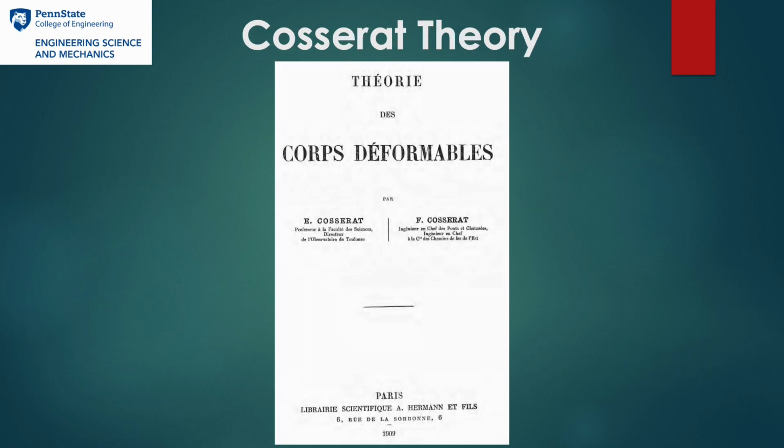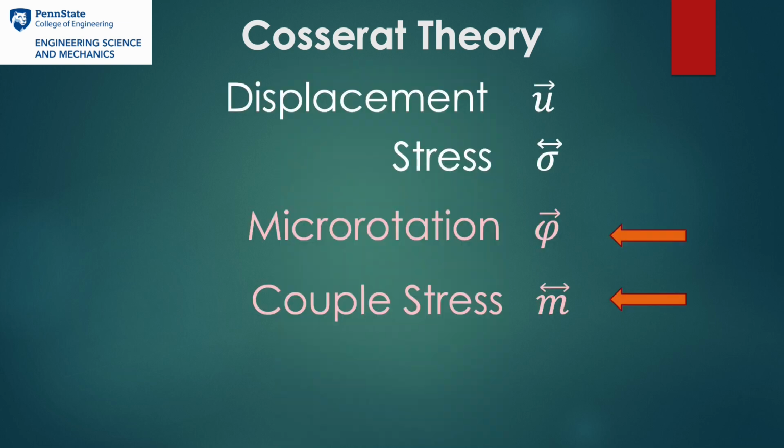This was supplied by the Cosserat brothers in 1909 in their theory of micropolar solids. This theory requires the displacement vector U and the stress sigma.